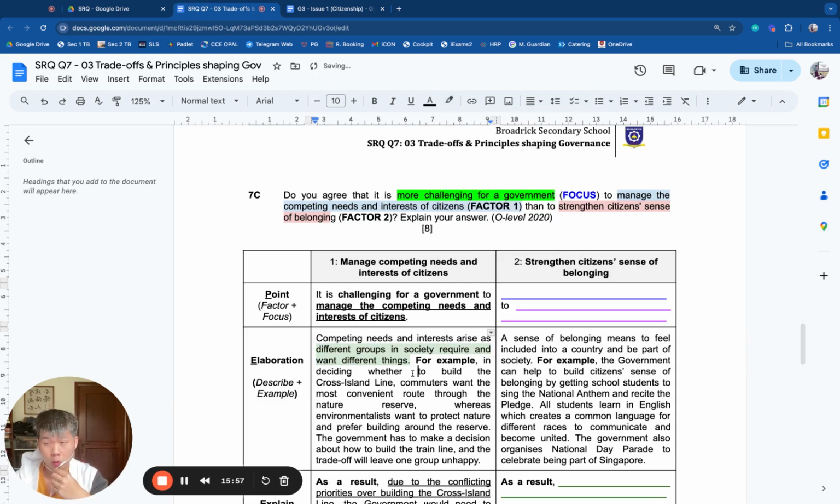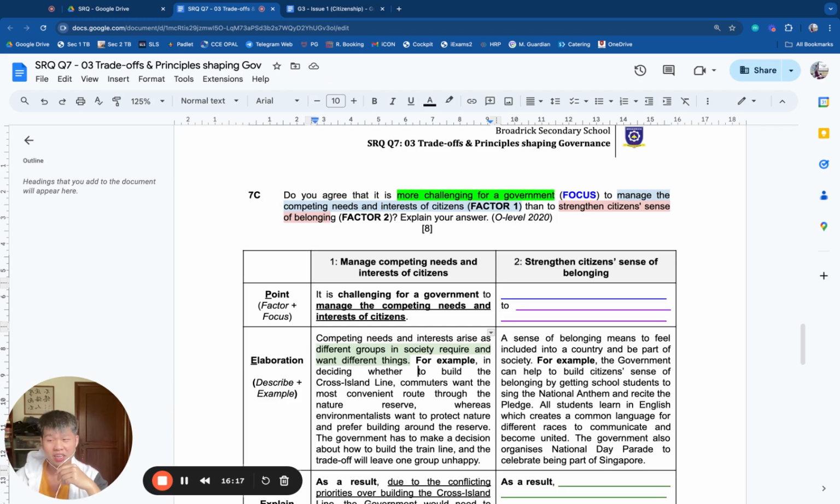And we just talked about the Toa Payoh estate. So one example you could use is the estate case between the youth who want a basketball court and the elderly who want elder care facilities. And I think that's quite a good example to use.